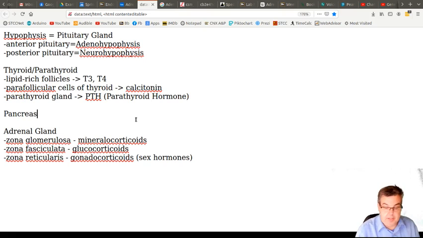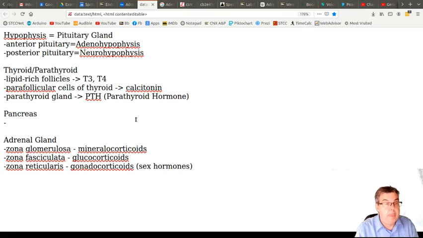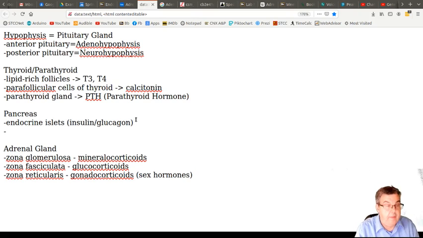Okay. And then the pancreas, there are endocrine islets, insulin, and then exocrine tissue for digestive enzymes.